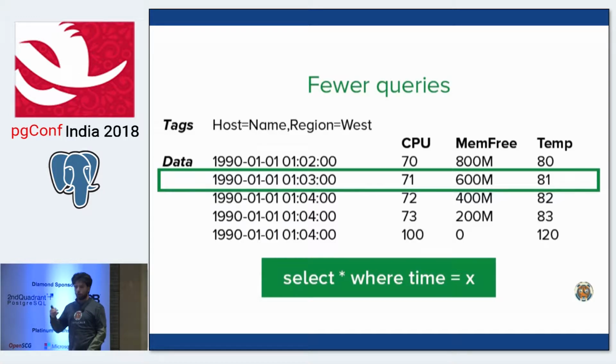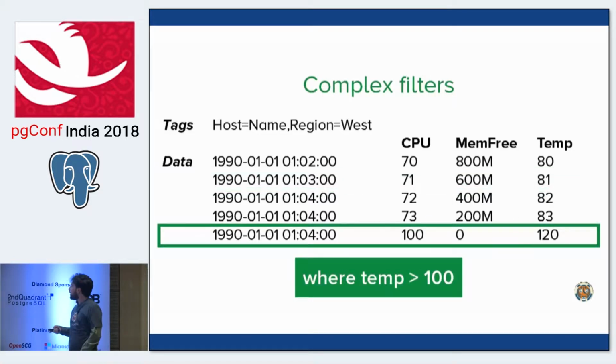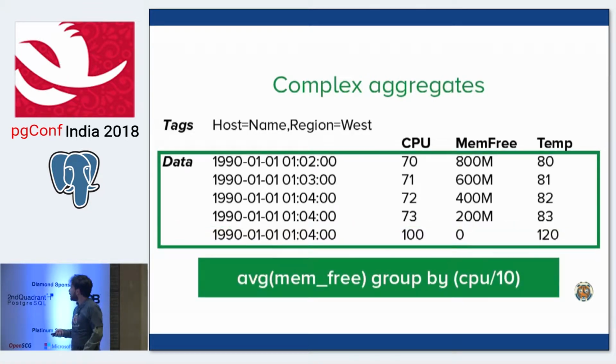And when you do that, you are obviously able to then ask more interesting queries, like what is all of the data that I collected at a certain point of time? But even more interesting, what was my free memory doing when my temperature was above 100? Or when my CPU was above 100, already you get a lot more contextual information this way.